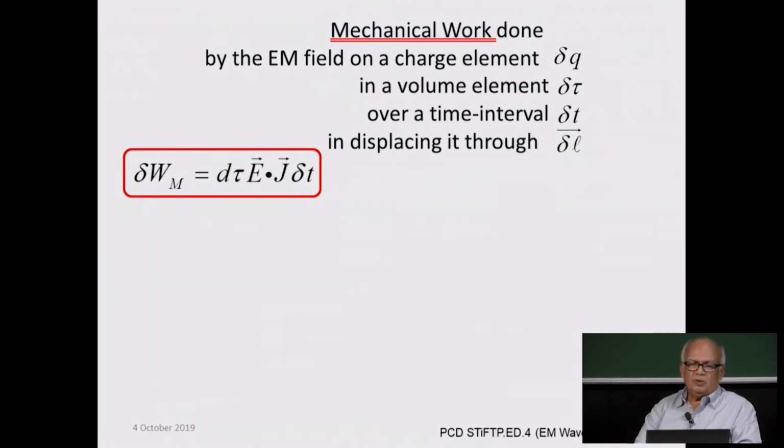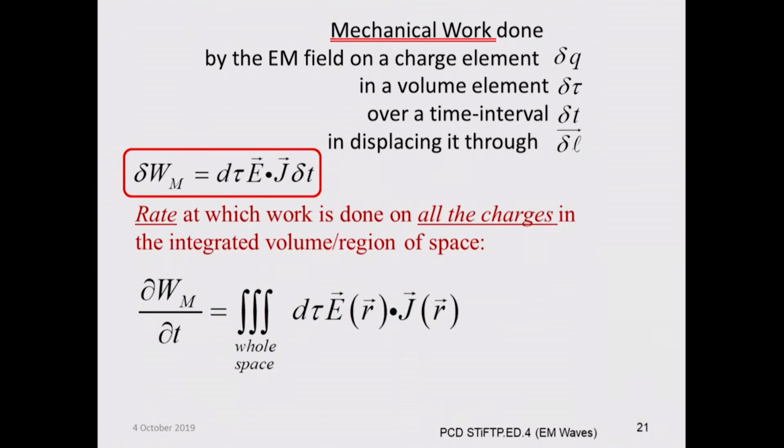Okay? So, the rate at which work is done is given by dW by dT equals the volume integral of E dot J.